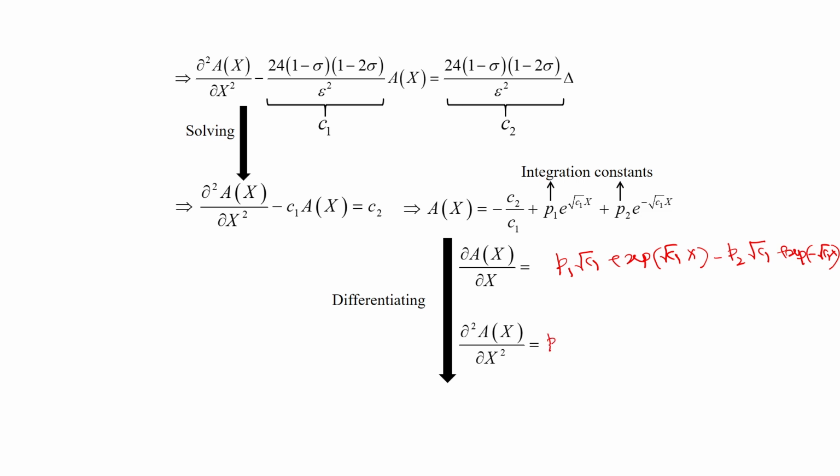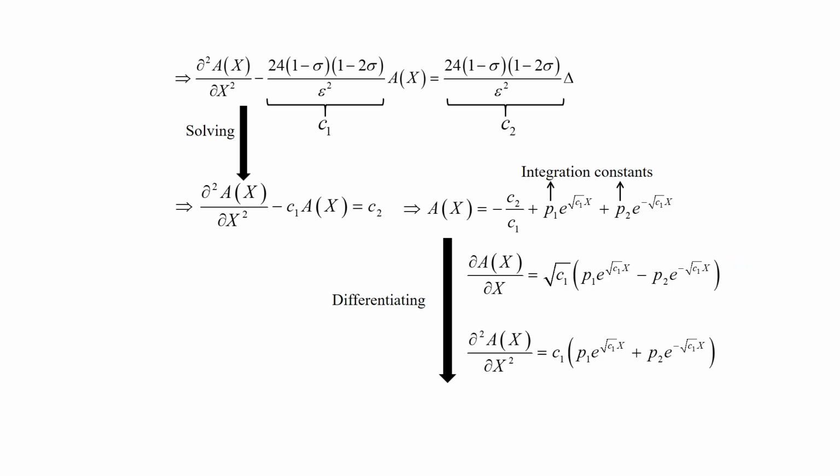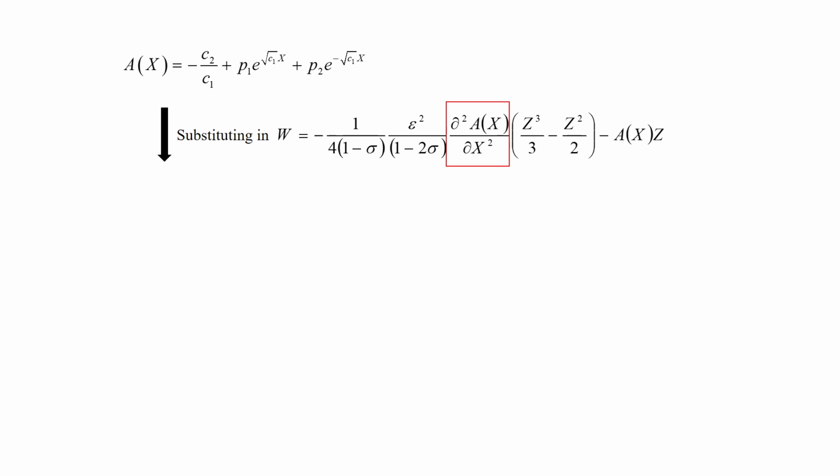So, it will be P1 C1 exponential square root of C1 into x, and here it is plus again P2 C1 exponential minus square root of C1 into x. So, C1 has been taken common, which makes sense, and then we have this quantity, and so substitute in W equal to this expression.